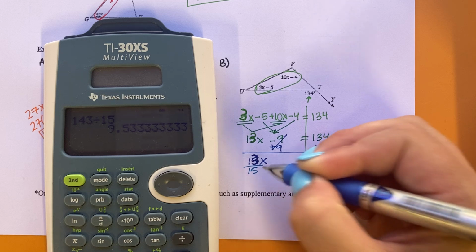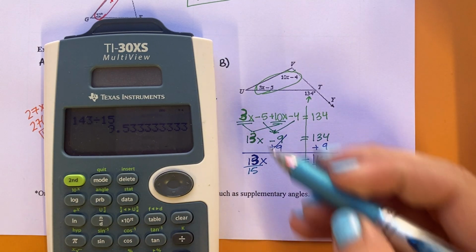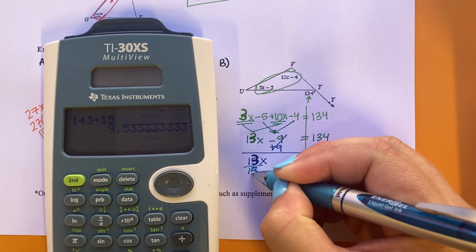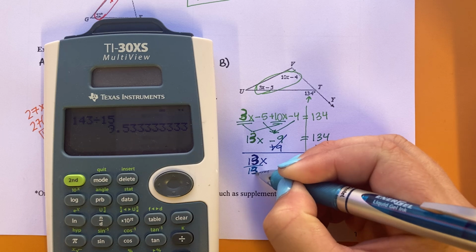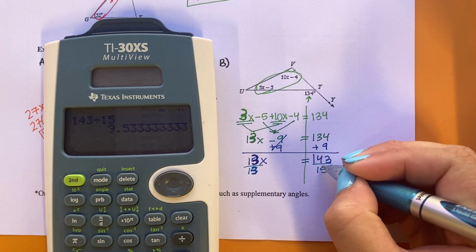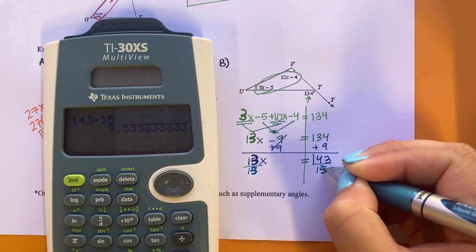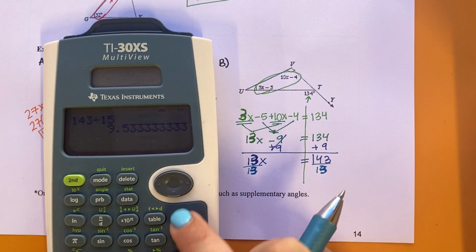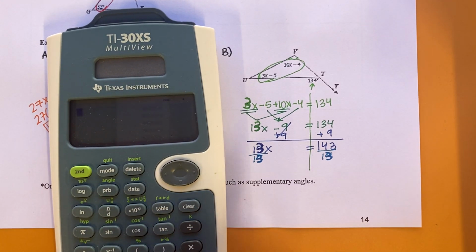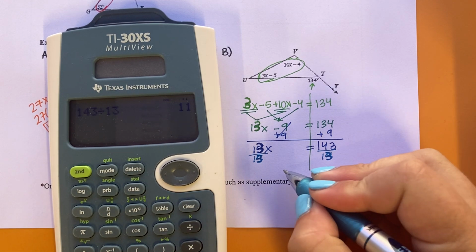Which then means the divided by would be a 13. Okay, let's see if that fixes the mistake. So 143 divided by 13 is 11.